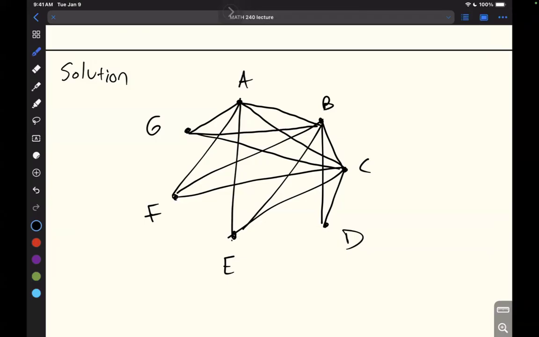E, we've got C, B, and A. There's an additional one to G. F is all good. G is all good.